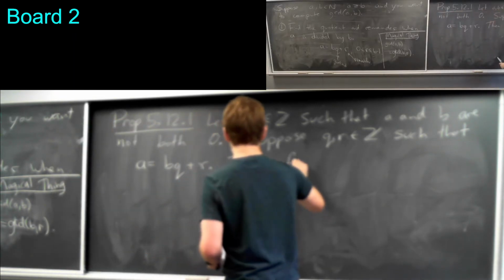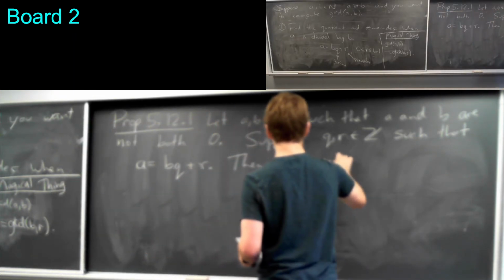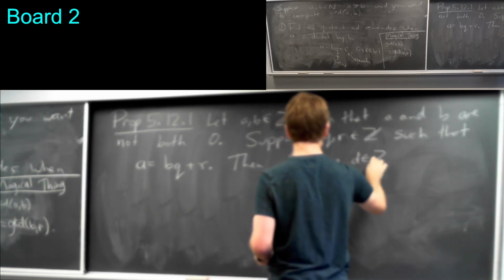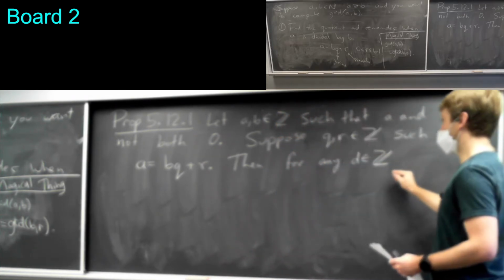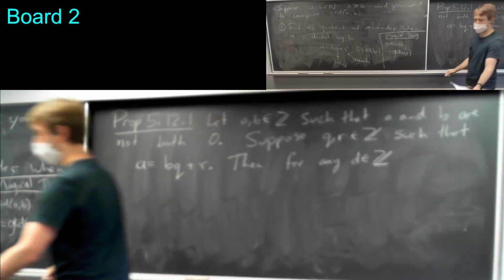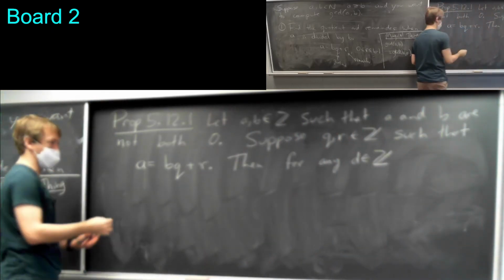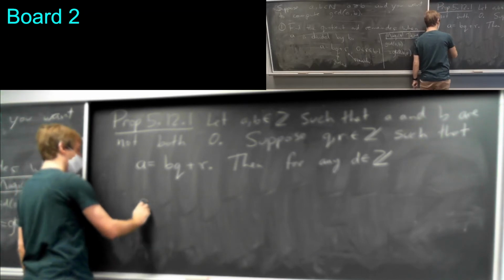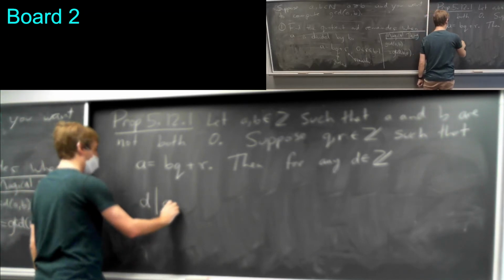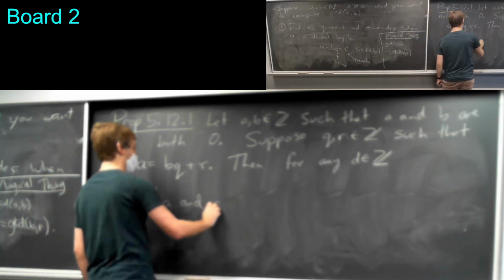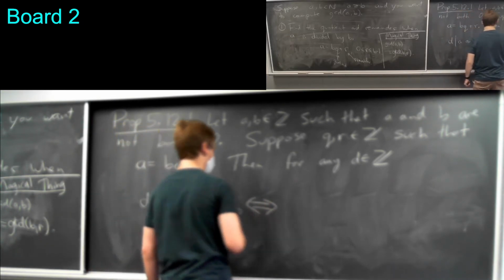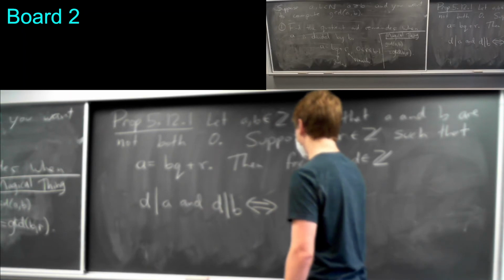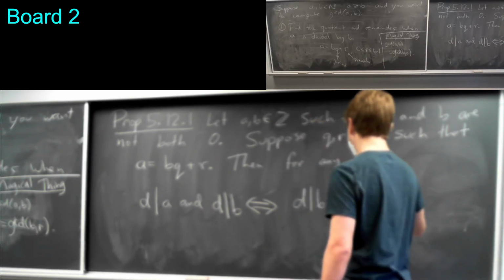then for any integer d, and I'll write this with logical notation: d divides a and d divides b if and only if d divides b and d divides r.